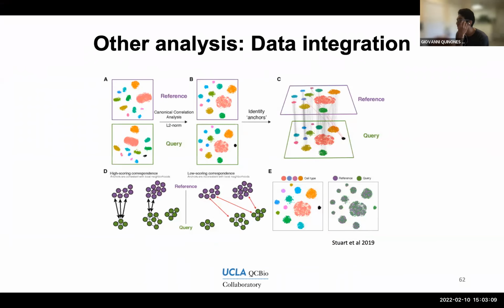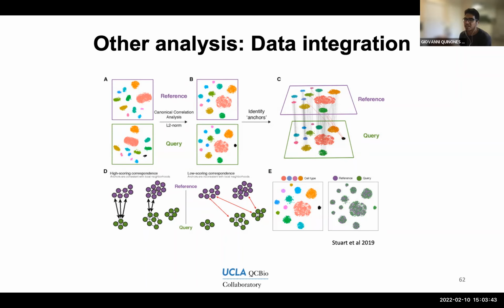Now, I wanted to move on to other types of analysis. So I believe with this, we have covered all of the mainstream analysis of single cell RNA sequencing, at least the analysis that you see more commonly in publications and what people are doing in order to uncover some cellular states, cellular transitions, and cellular heterogeneity.